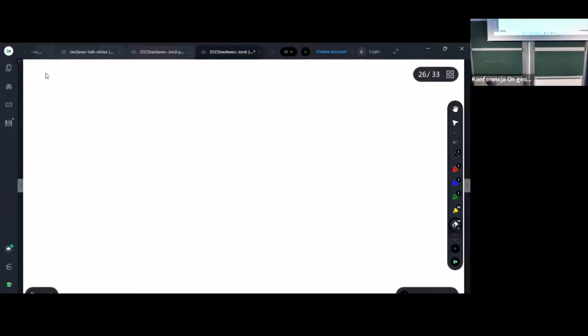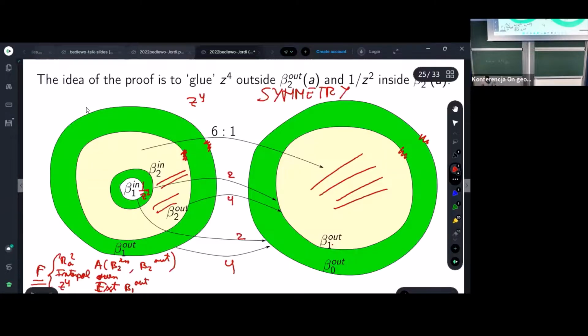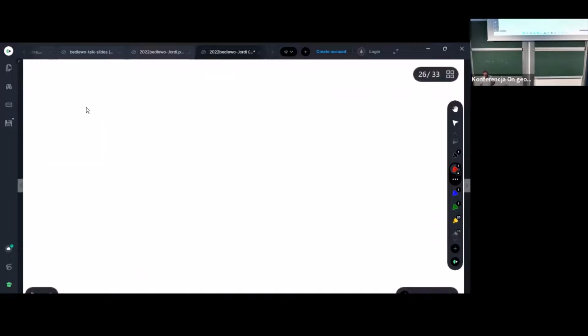So we have a map such that our model map will satisfy the following. At infinity, we look like z to the power of 4. So we have that infinity is superattracting of local degree 4. Now, what else do we have?